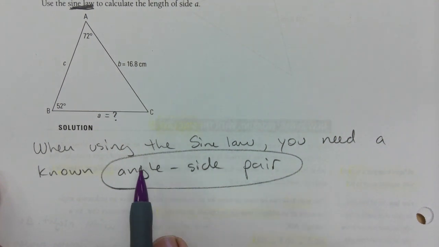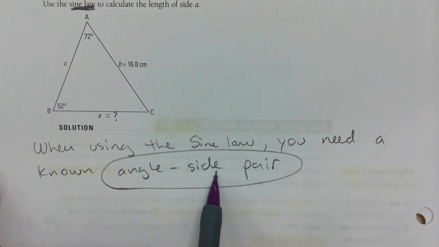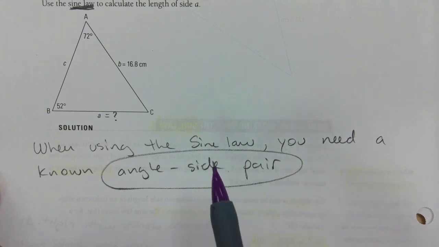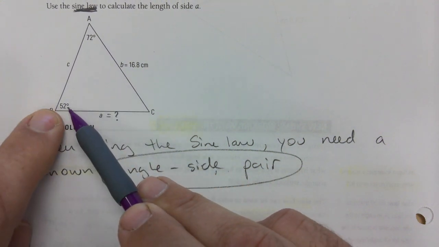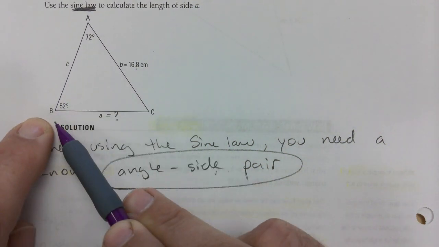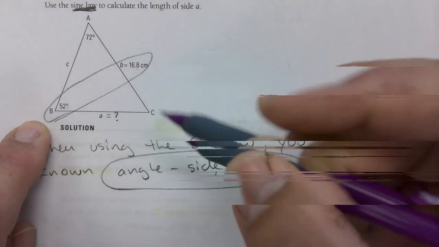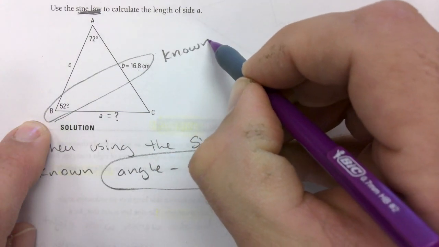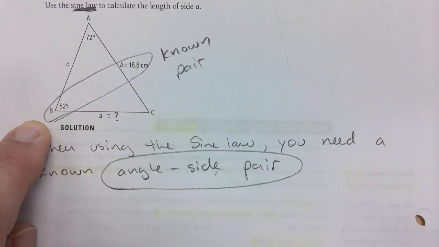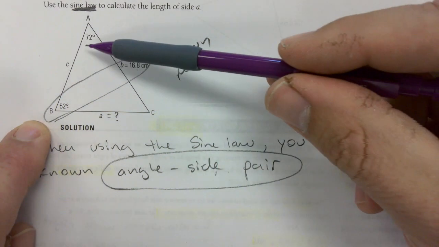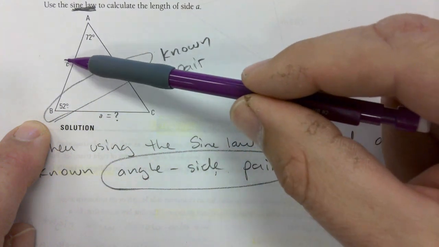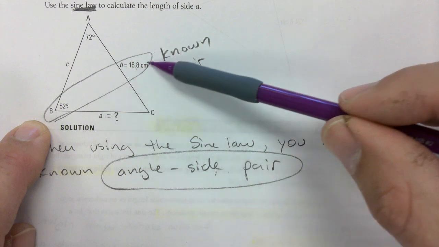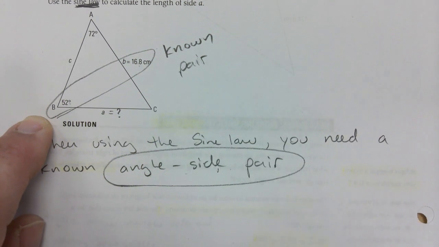You need to know an angle side pair. Okay, so what do I mean by that? I'm asking you to find a pair like this, right? You know the angle, you know the side length. This is what I call the known pair. Because think about it, you don't have anything here. C, you absolutely know nothing about C, right? So this is your pair, and that's what you start with every time, okay?